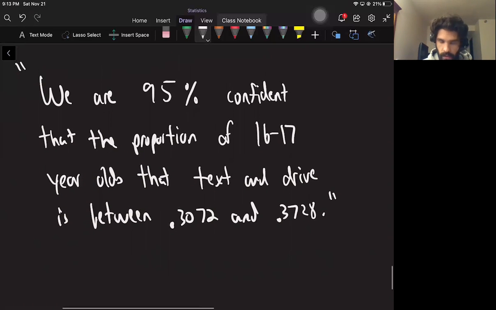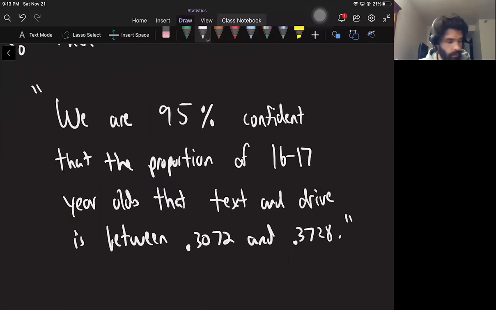And that's the end of it. So all the confidence interval problems are going to go just like this, just these 5 steps, but they go much faster once you're used to it.